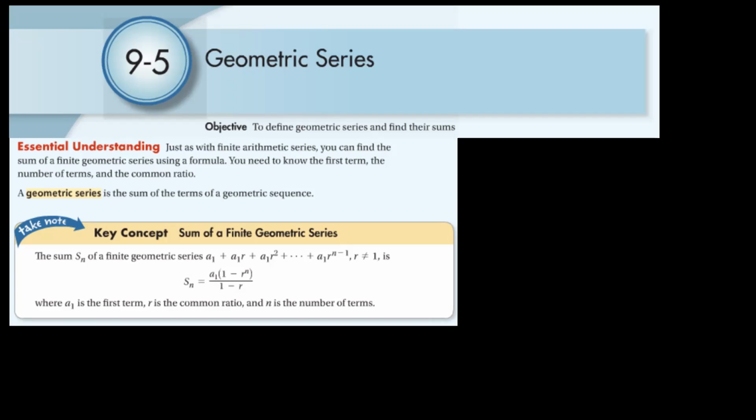In the arithmetic series, we said we can find the summation only for the finite series. For the infinite, we cannot. Here in the geometric, we can find the summation of both the finite and the infinite series. Let's see how. Let's start now.